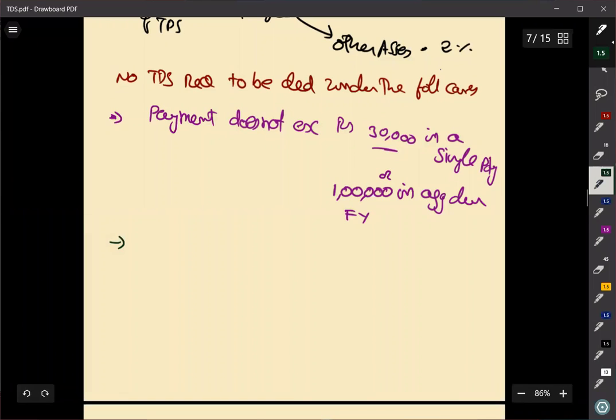Now, what is the next case here? The payer is an individual or HUF.